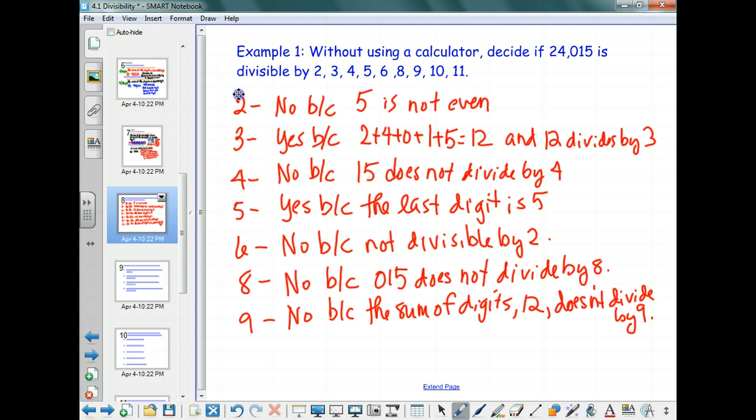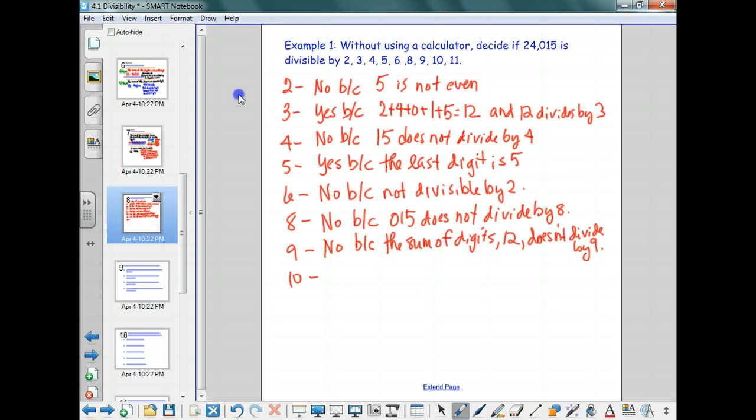A couple more left. The number 10. No. Why not? No, because it doesn't end in 0. And then 11 requires us to do a little bit of work, but the number's not very long. So 2, 4, 0, 1, and 5.